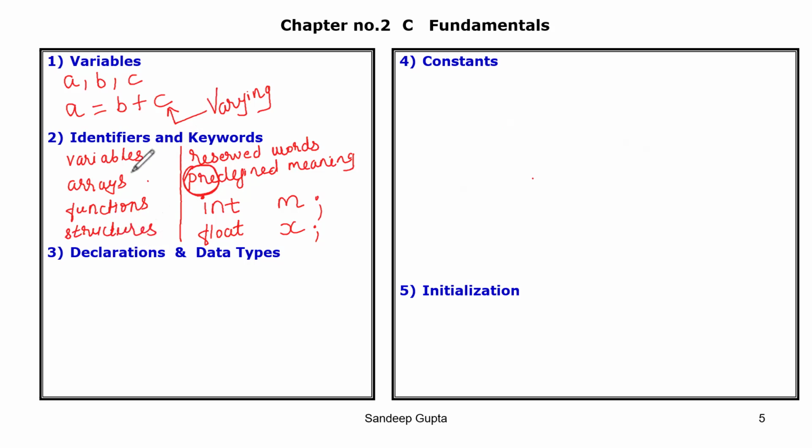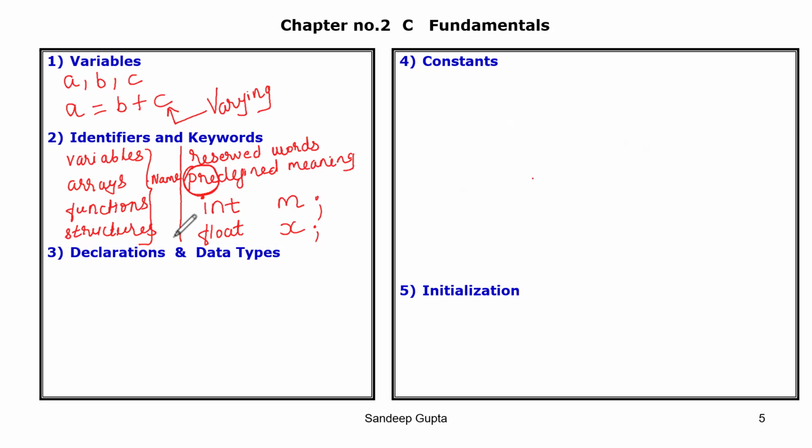Now, you don't know what an array, a function or a structure is. You just know what a variable is. But that's okay. All you need to understand is that as a programmer, I repeat, as a programmer, you need to assign certain names to these things. If you are the programmer, you will have to give some name to an array, to a function, to a structure.